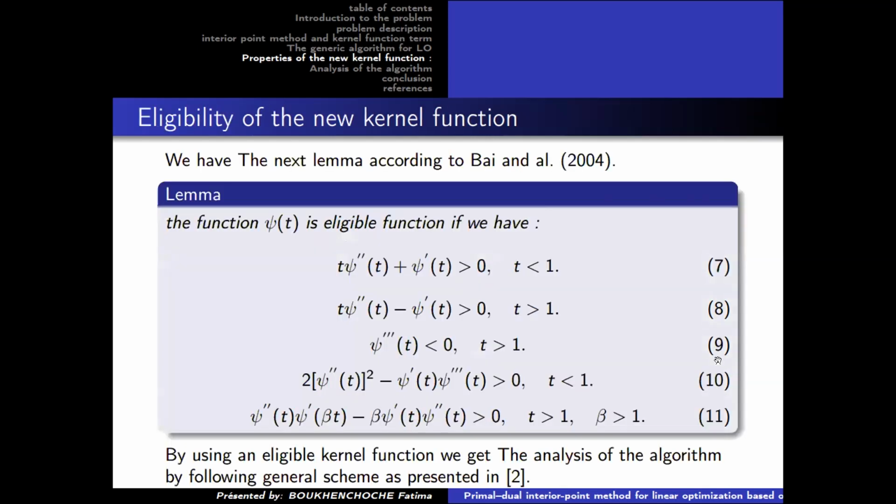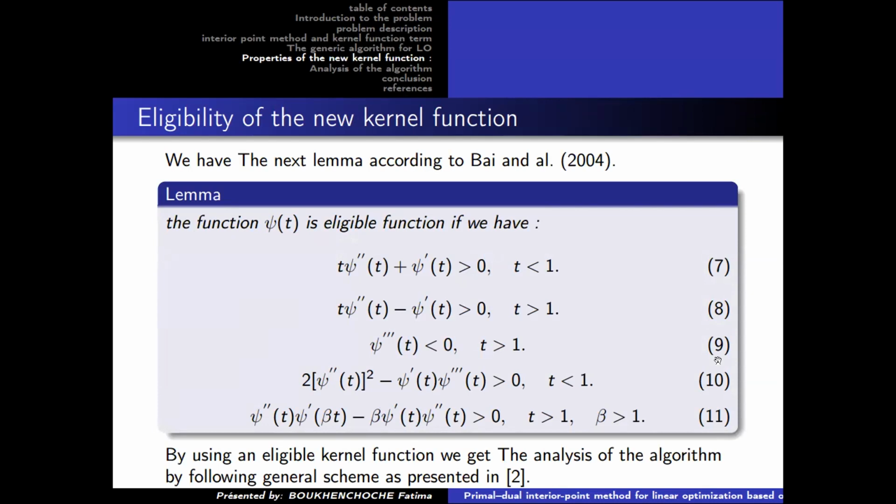What does eligible function mean? Eligibility of the new kernel function. We have the next lemma to define what the eligibility of the new kernel function means. Lemma. The function psi is an eligible function if we have these 5 conditions, 7, 8, 9, 10, and 11.